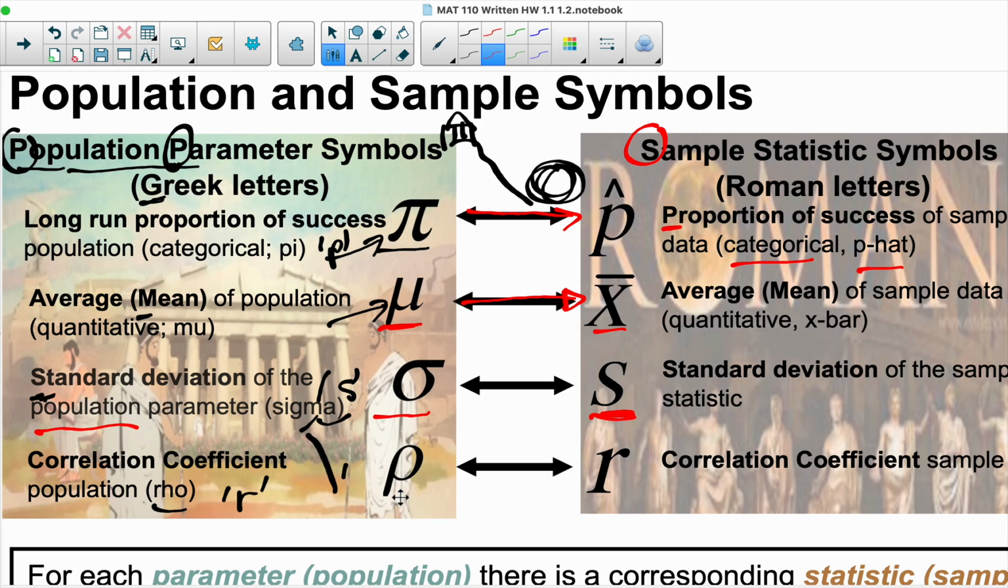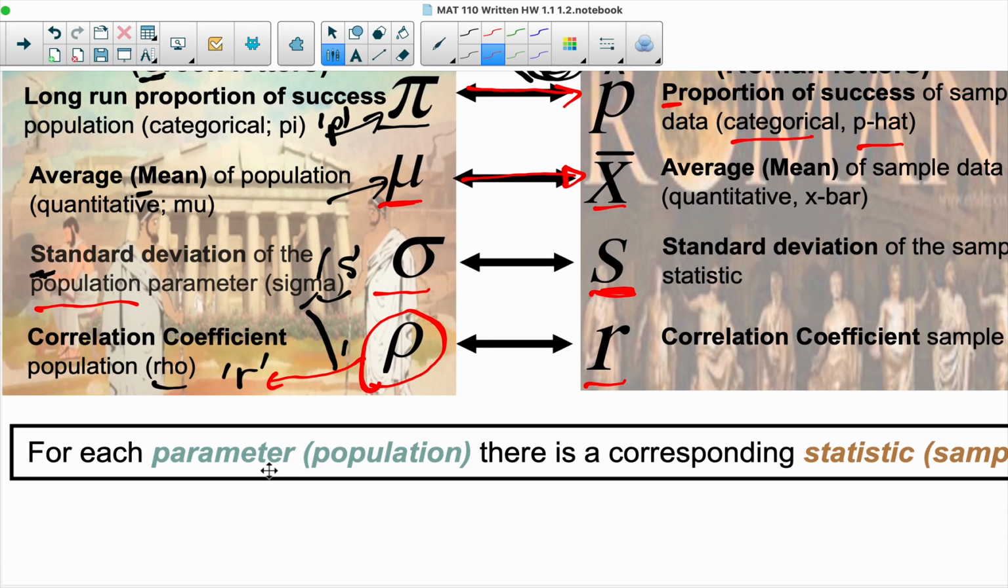When we're talking about a correlation coefficient, we use rho, okay, that's the Greek letter for R. When we're talking about the sample, we call it r, the correlation coefficient. Again, each population parameter has a corresponding sample statistic. Populations use Greek letters, statistics use Roman letters.